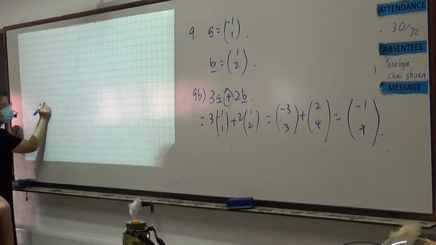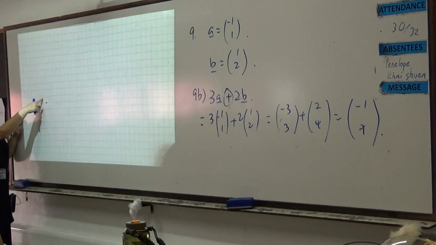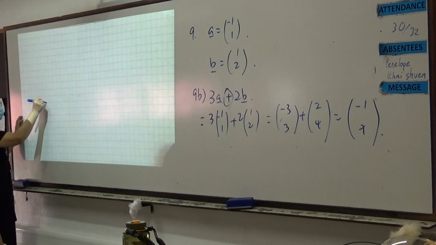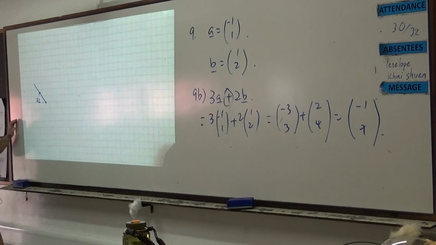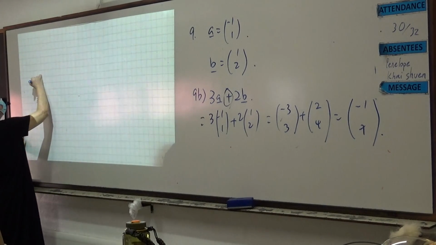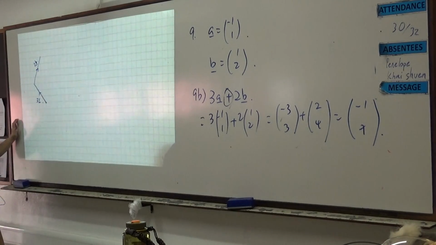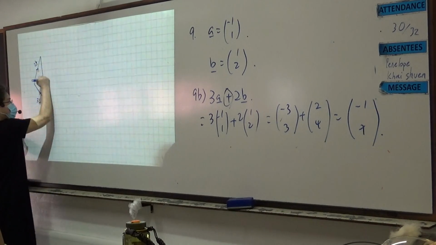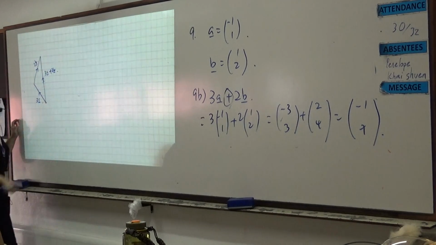Okay, come, start again. Start from here. Negative 1, here. Correct now. So it should be like this. 3A, then 2B. Correct?